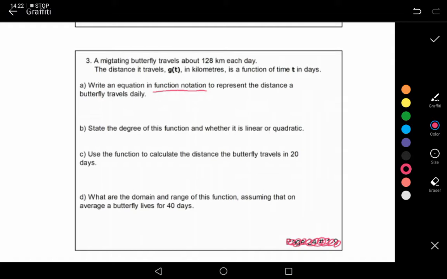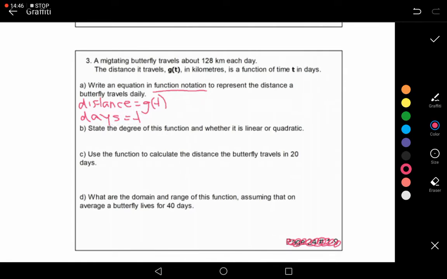So the first thing I'm going to do is just write out the information that I was given. So I know that distance is g of t. Okay, and I also know that our number of days equals t, right?